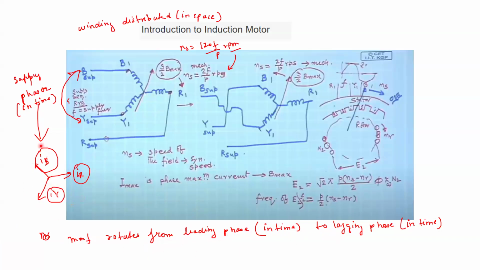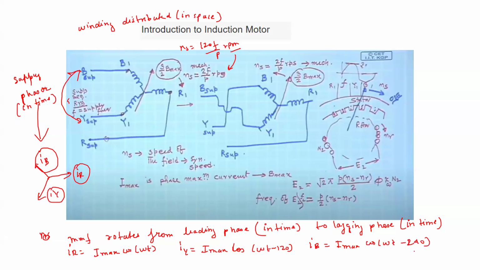We know this is the phase sequence in time: first IR is there, then IY, then IB. IR is I max cos omega t, IY is I max cos omega t minus 120, and IB is I max cos omega t minus 240, or cos omega t plus 120, same thing.